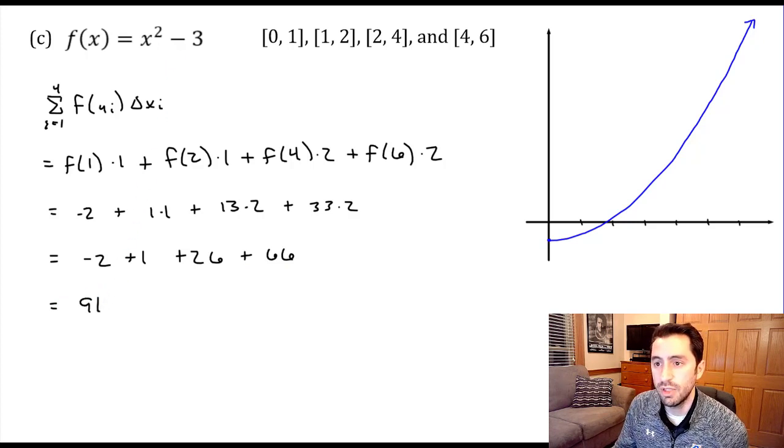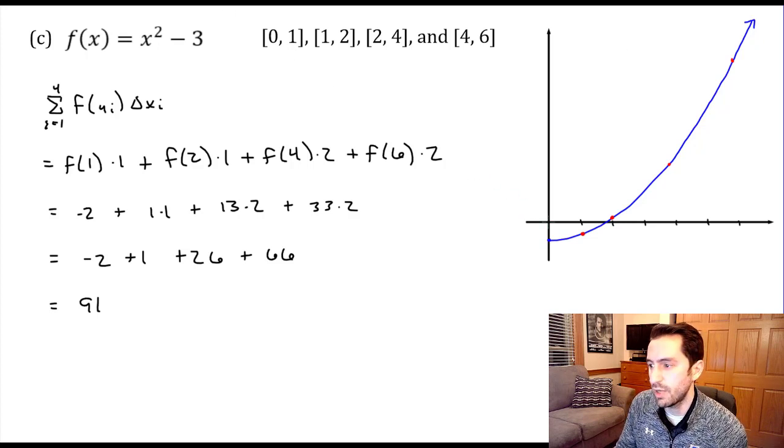And to finish up here, let's draw in these rectangles as well. So we're going to the right endpoint on each interval. So at 1, at 2, at 4, and at 6.